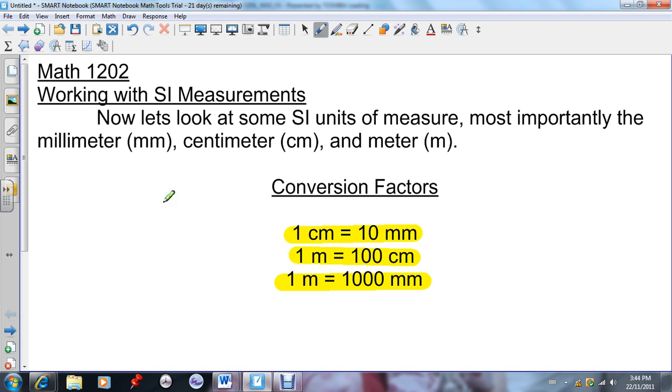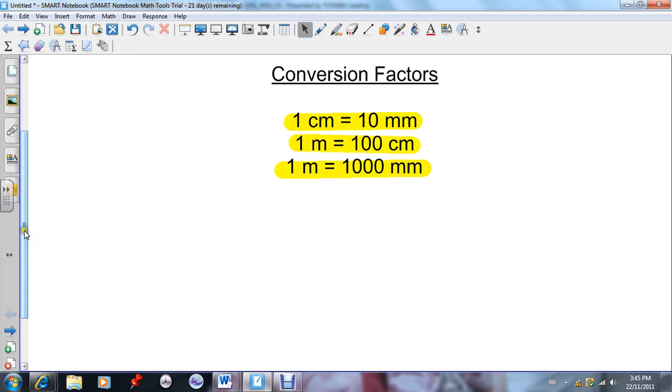Now, conversion factors. Why did I call them conversion factors? Because if you're converting from centimeters to millimeters, you should remember this from last day, you multiply by 10. Let's do a quick example.